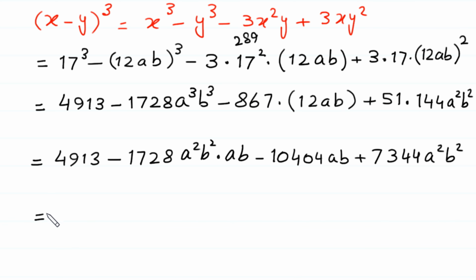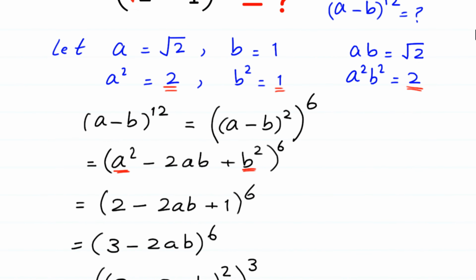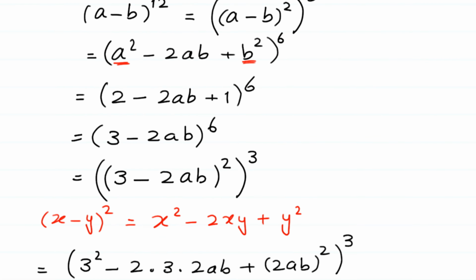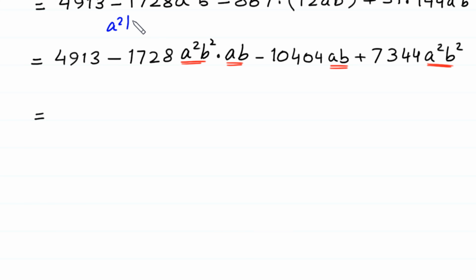Next, now here we put the values of a square b square and ab. The value of a square b square is equal to 2 and the value of ab is equal to square root of 2.